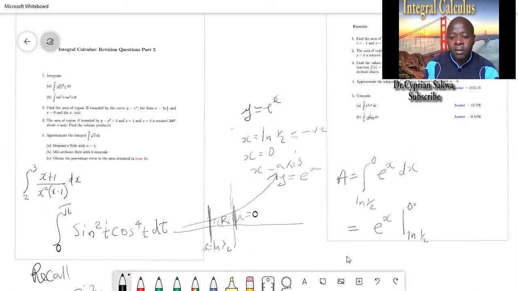If I put the limit 0, I'll get 1, then minus e raised to ln of a half, which is a half. So I have 1 minus a half, which is a half. The answer to that question is a half.